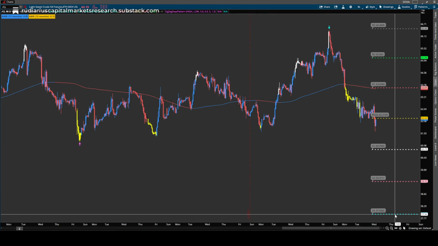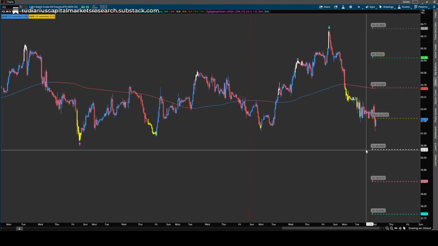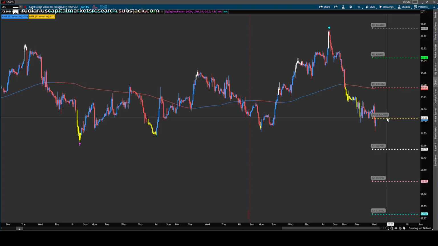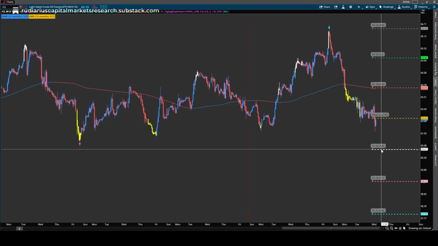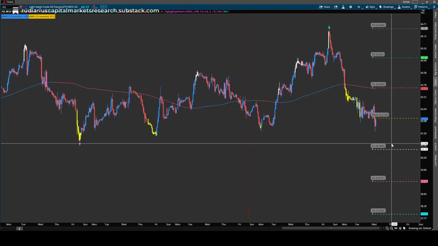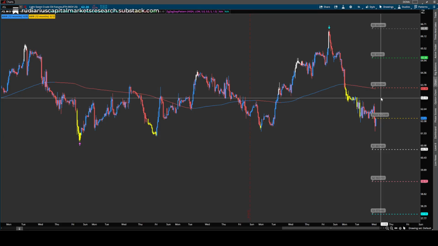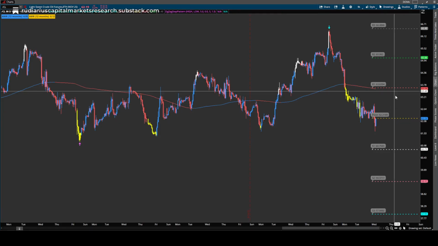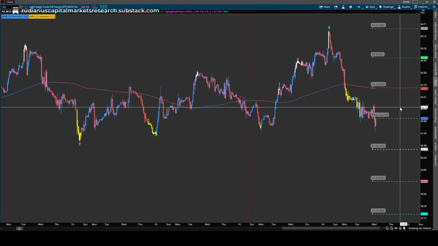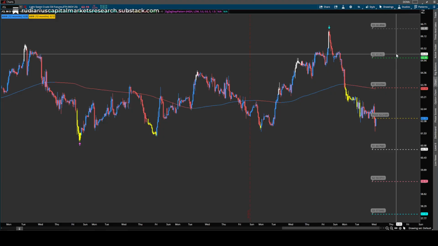Third support 57.95. Each level is spaced about $1.43 between levels.